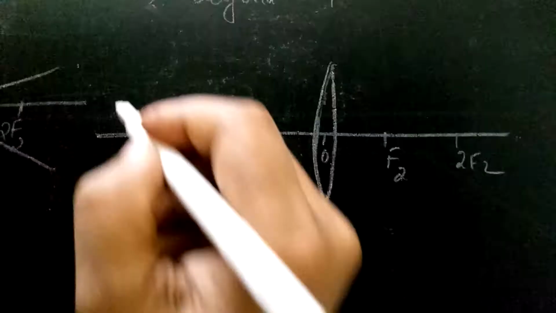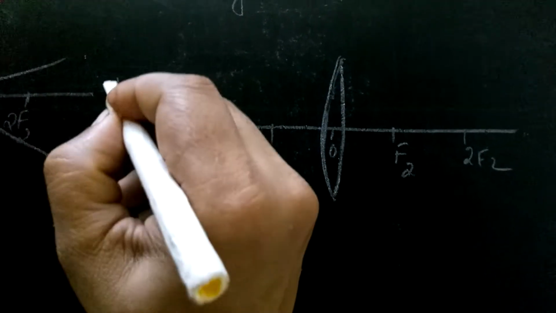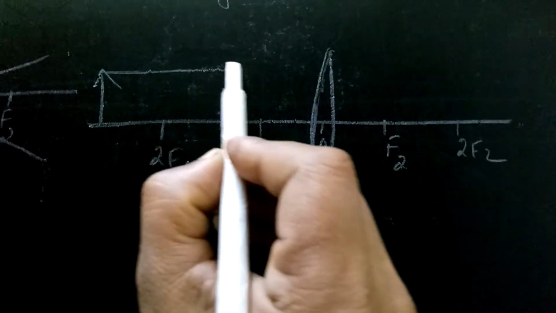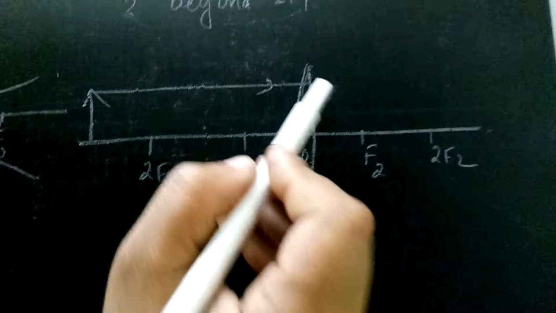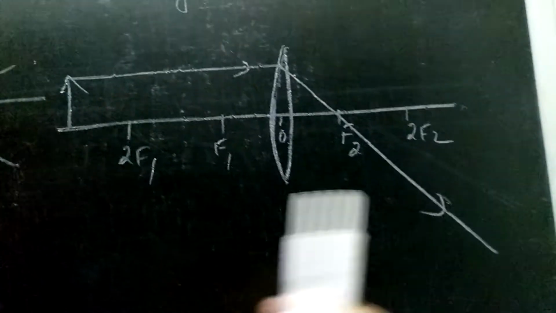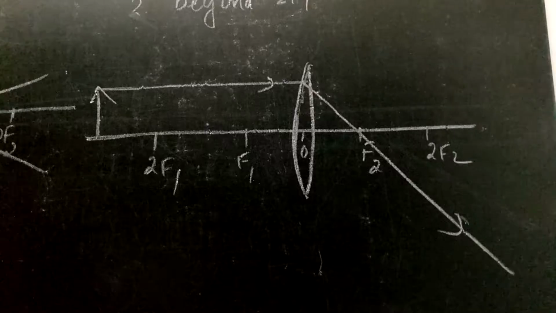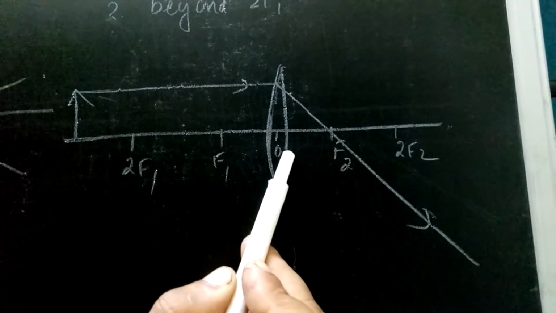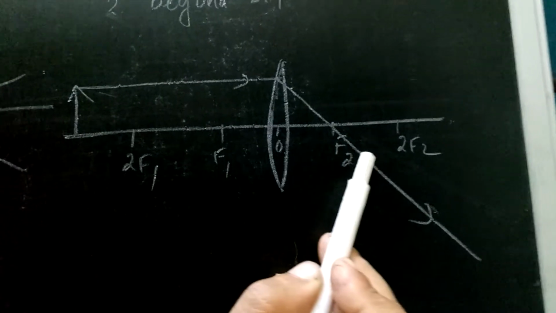Now you have to keep the object here, and the first rule, the light ray which is parallel to the principal axis, after refraction passes through the principal focus. So this is the first light ray, and for the second light ray you can choose either passing through the principal focus or passing through the optical center.